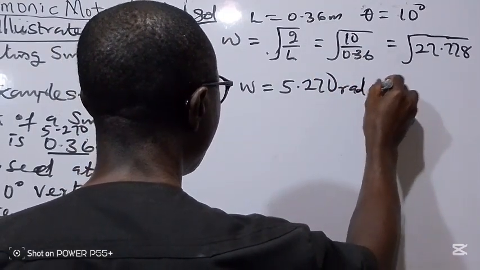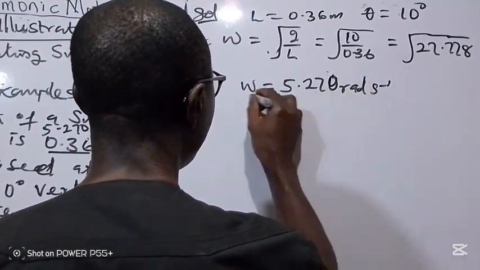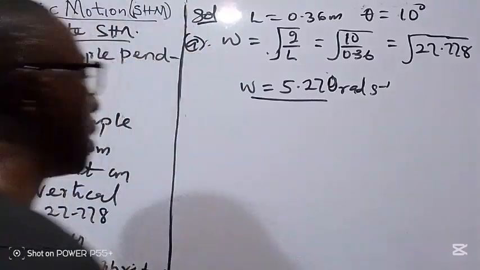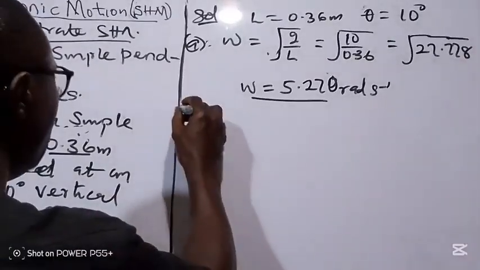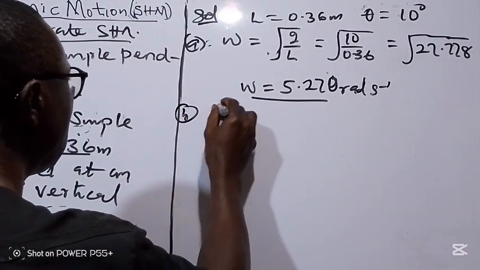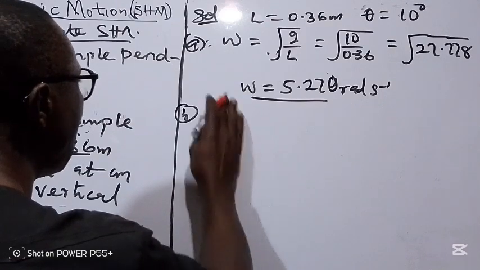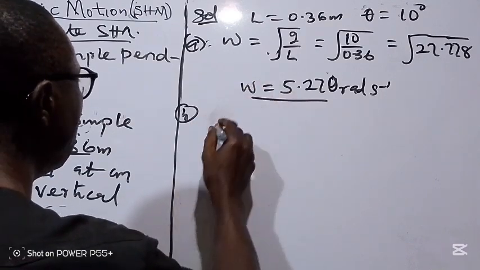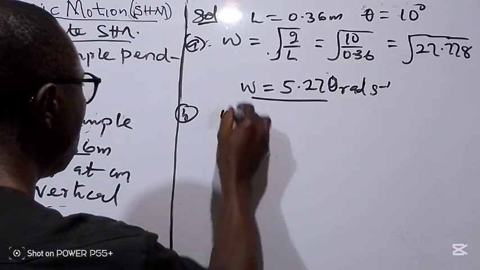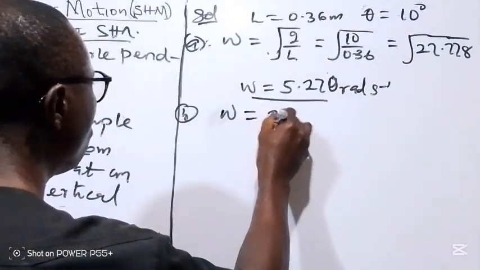Now, frequency f can be calculated from the angular frequency, which is equal to 2πf. So our f will be equal to omega over 2π.